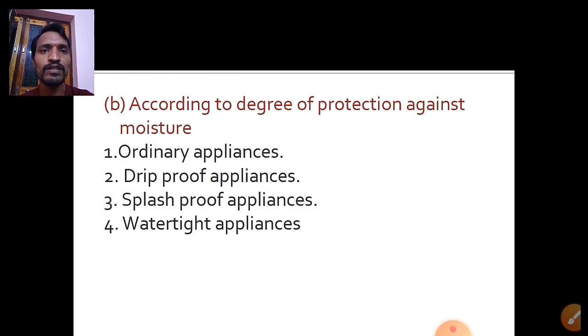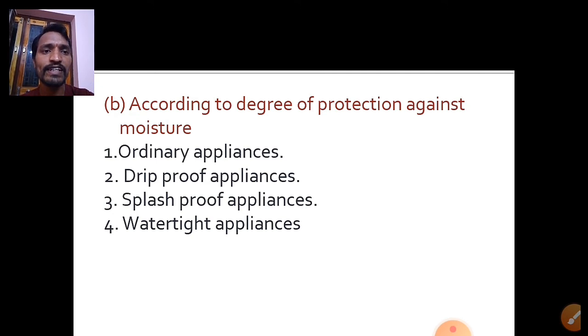If it protects against water droplets, then we can say it is a drip proof appliance. Next, splash proof appliances. If water is poured directly and the appliance withstands some water droplets, then we can say it is a splash proof appliance.